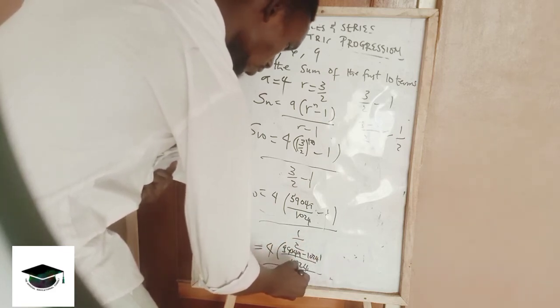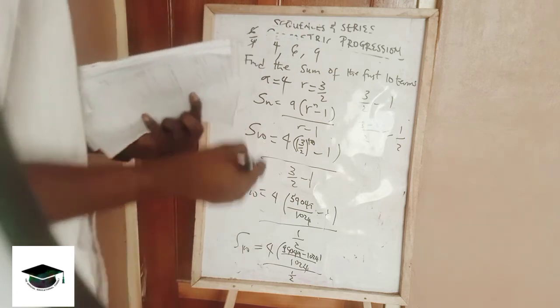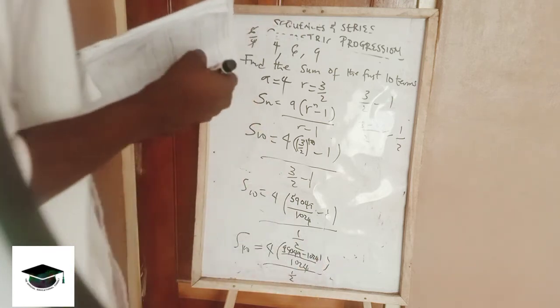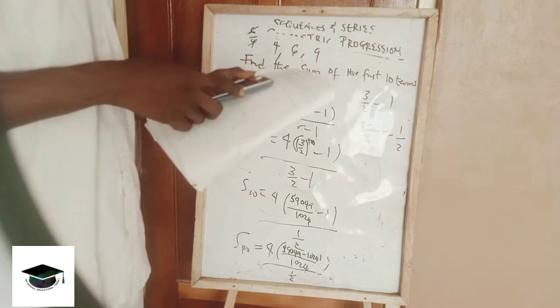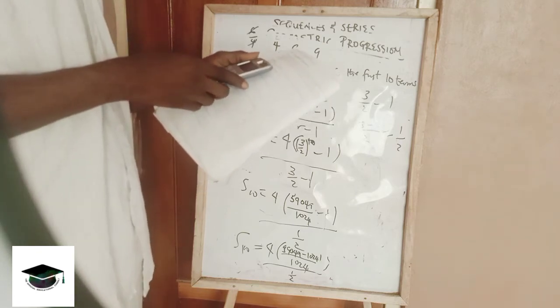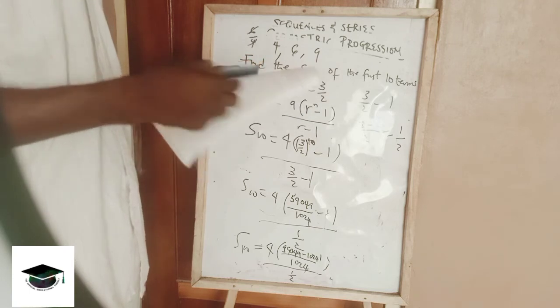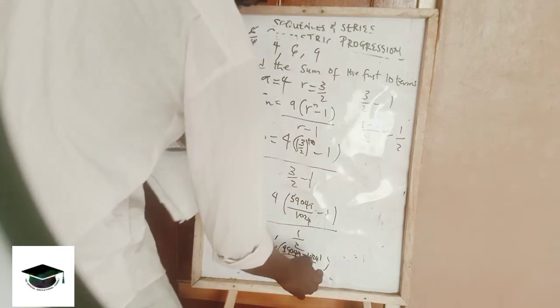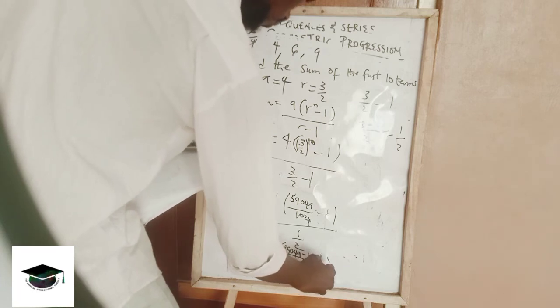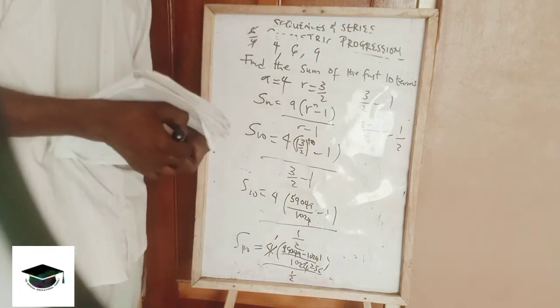Over 1 over 2. Is that taken? Yeah, that's it. So 1024 divided by 4, we can actually cancel 4 here, and it will remain 256. I hope you are following me.